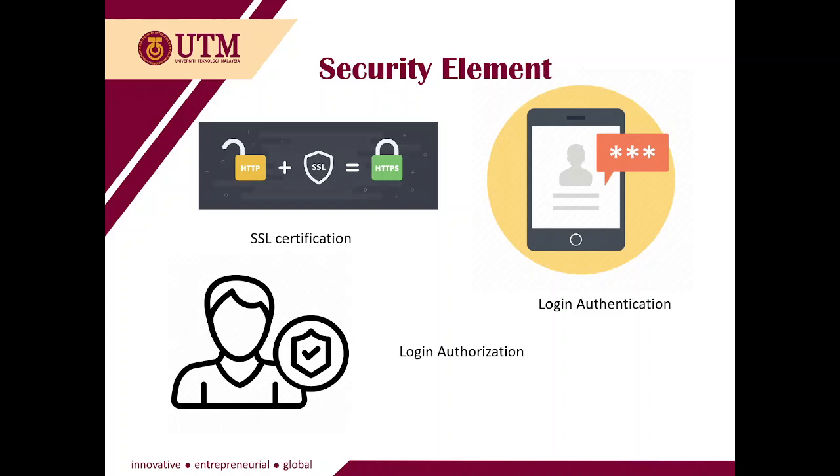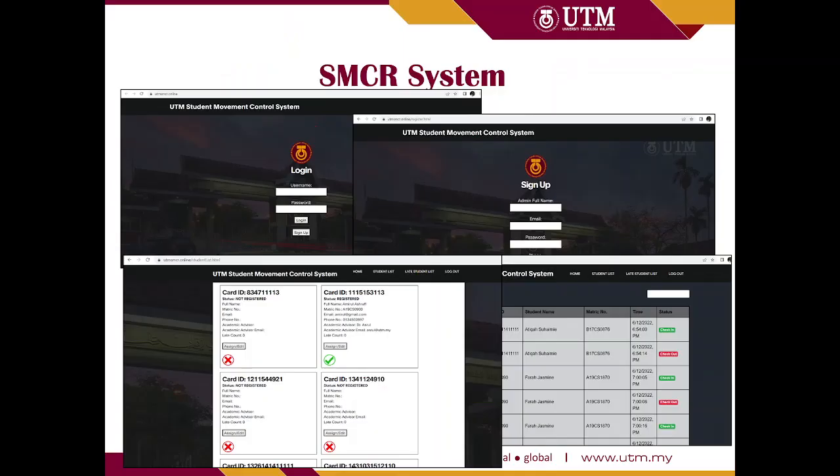The third one is login authorization, where the admin is redirected to the home page once they successfully authenticate their login. Next is the SMCR system website design, which will be covered in the demonstration.